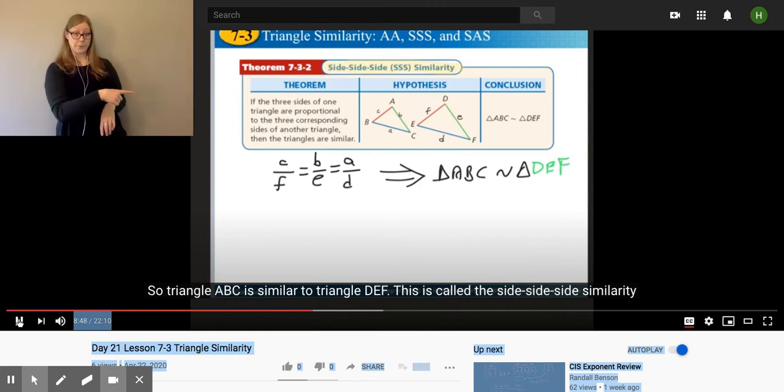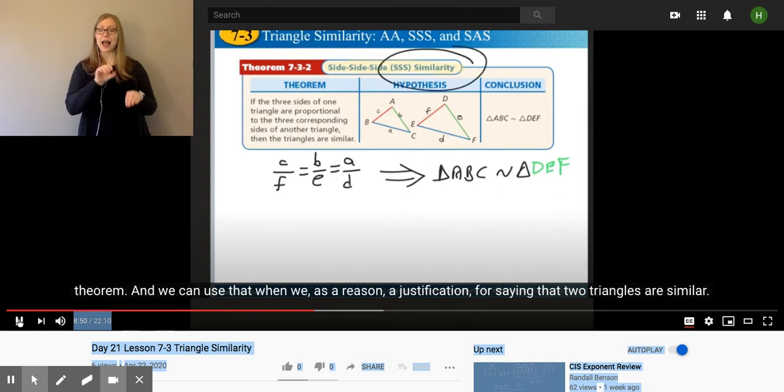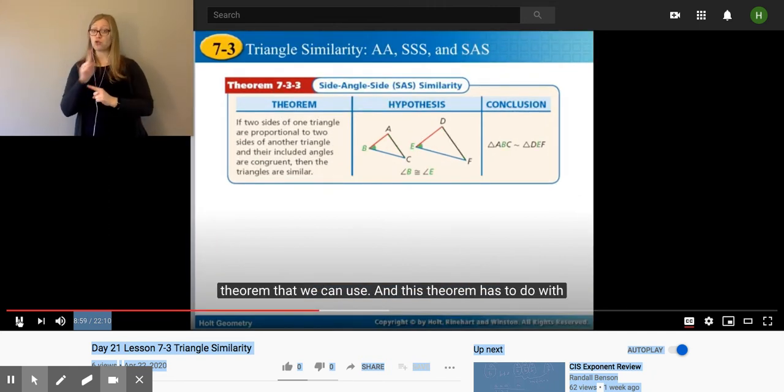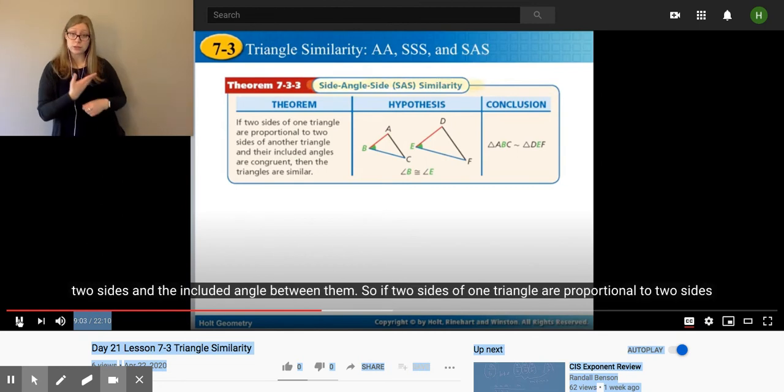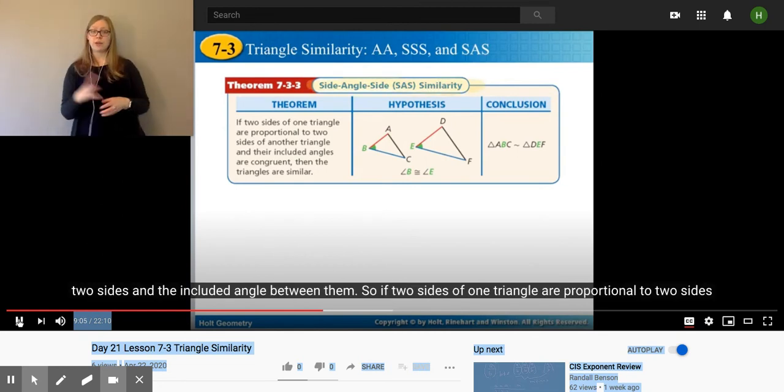This is called the side similarity theorem, and we can use that as a reason, a justification for saying that two triangles are similar. So here is another theorem that we can use, and this theorem has to do with two sides and the included angle between them.